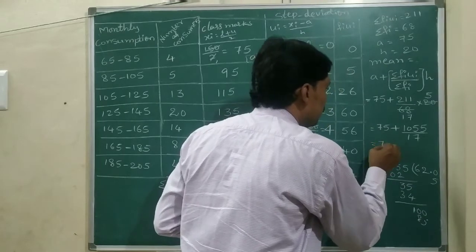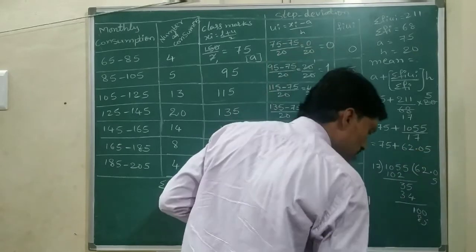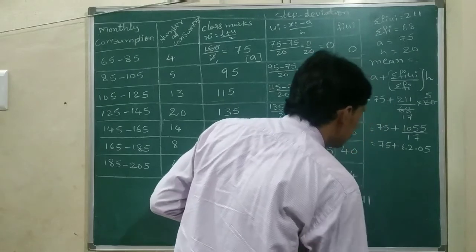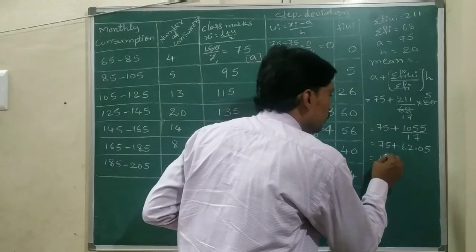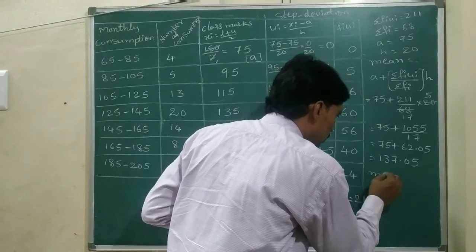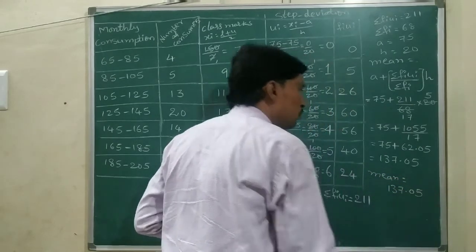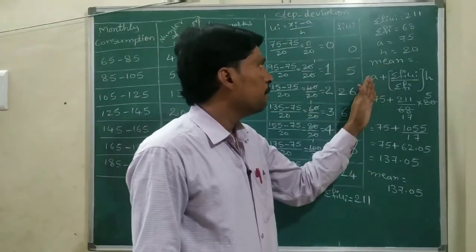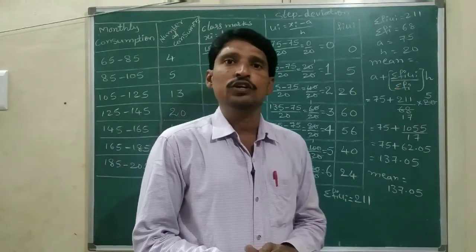So we get 62.05. Now 75 plus 62.05 is 137.05. So the mean we got is 137.05. So we used the step deviation method, whose main formula is mean equals A plus sigma Fi Ui by sigma Fi into H.